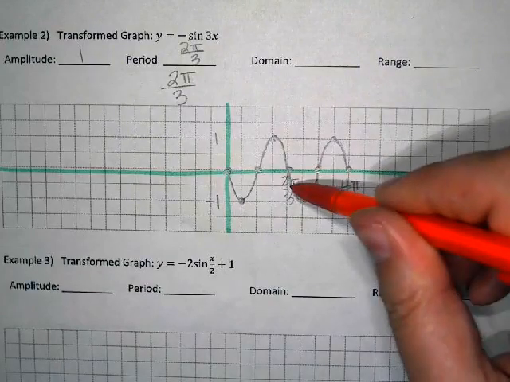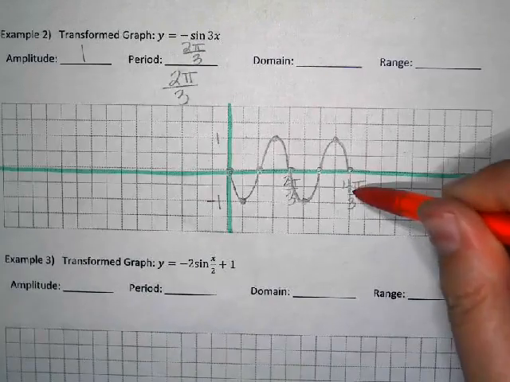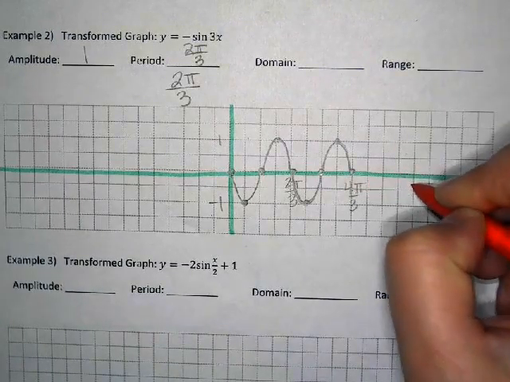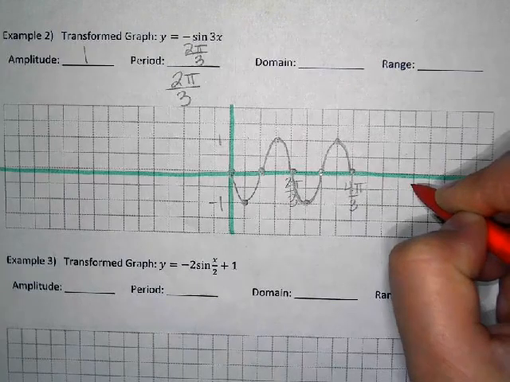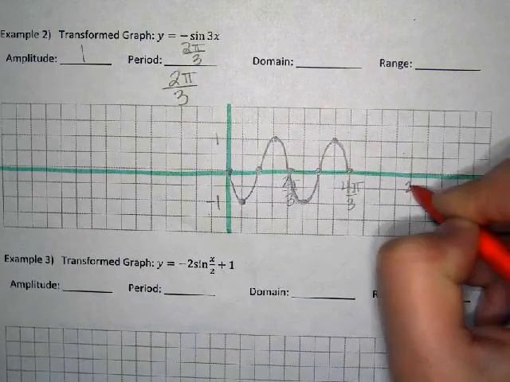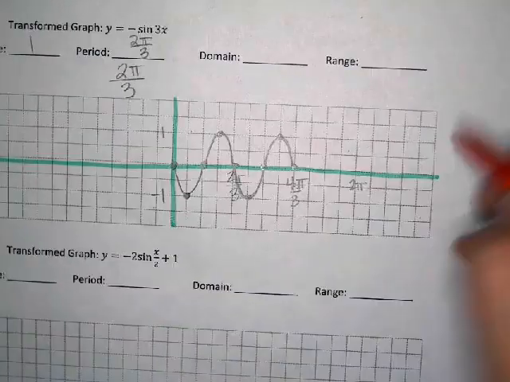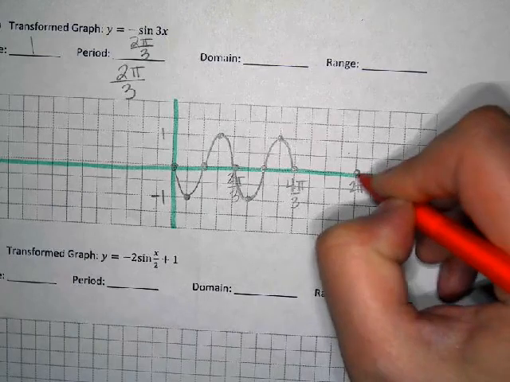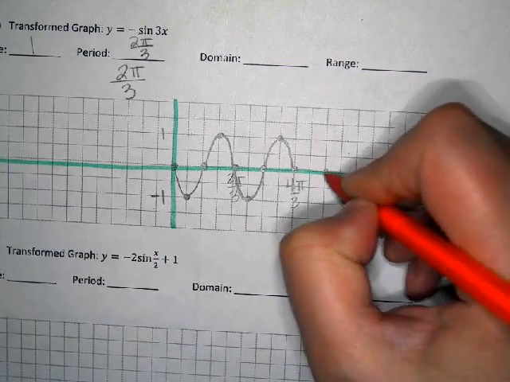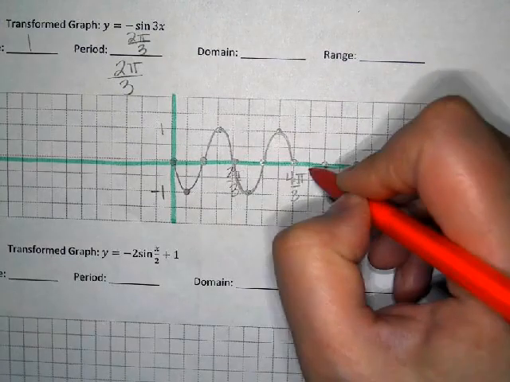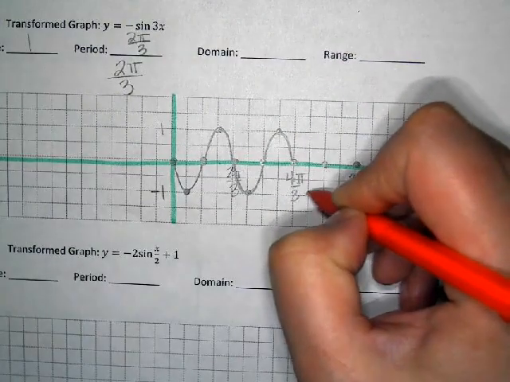Yeah, 6 pi thirds, and 6 divided by 3 is 2, so 2 pi is the next one. So I've got the beginning, the end, the middle. Between the first 2, I dip down to -1. Between the second 2, I go up to +1.